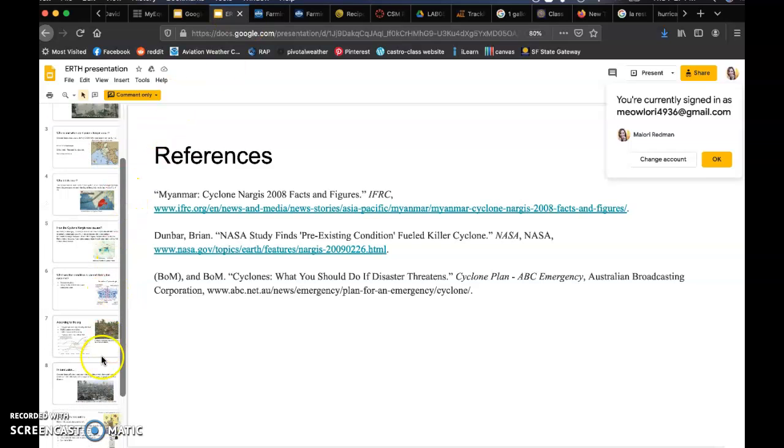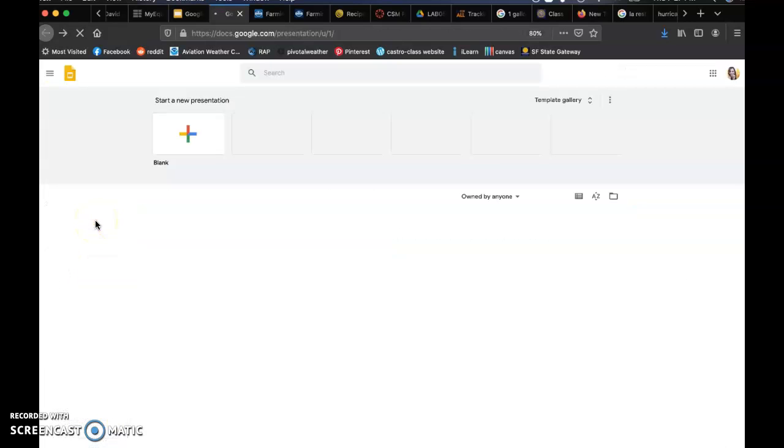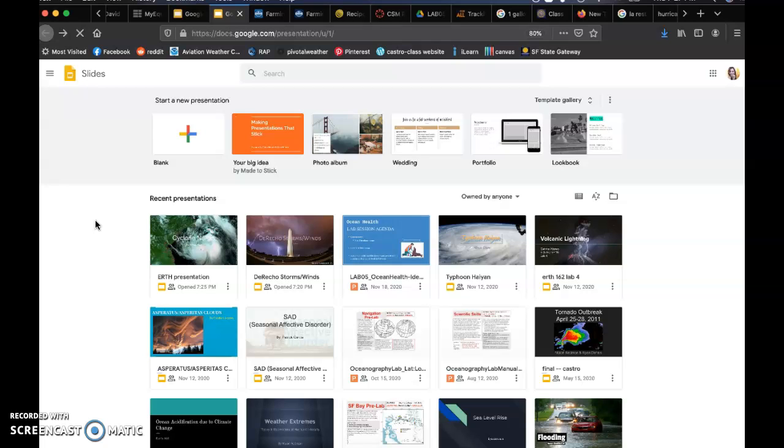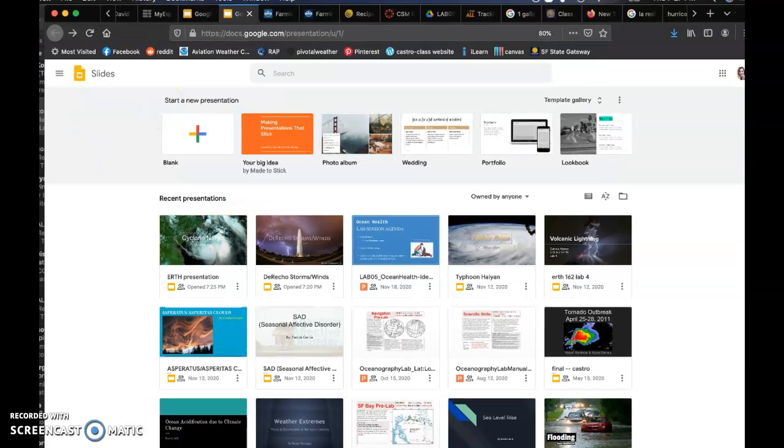And another thing I do want to mention in terms of presenting with Zoom, when you have it in presentation mode and you don't have a dual monitor set up, you're not going to be able to see the comments that you put at the bottom of your slides. So let me see if I can maybe make a representation of that really quick.